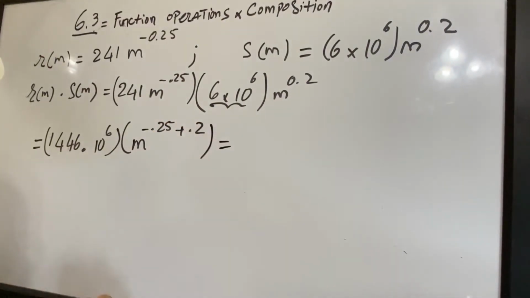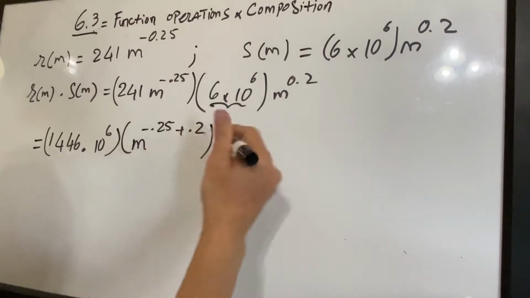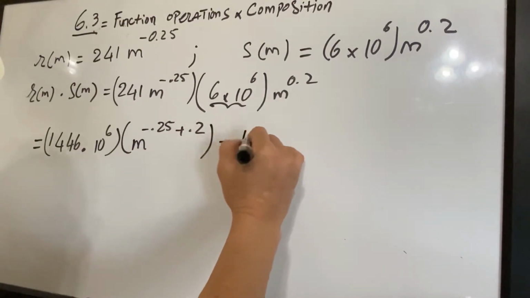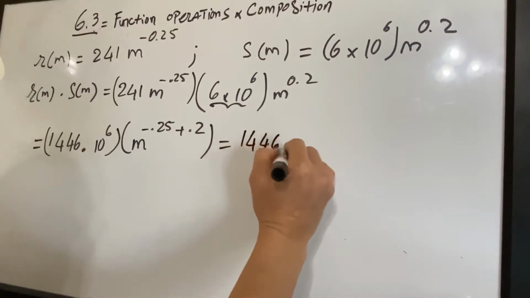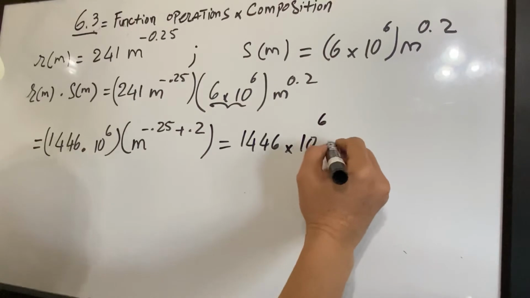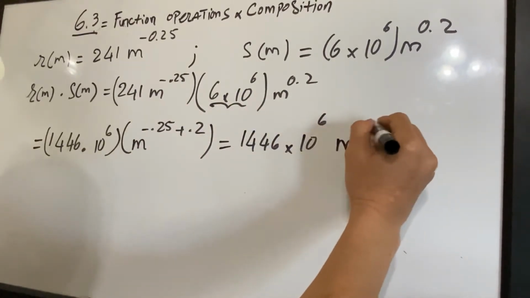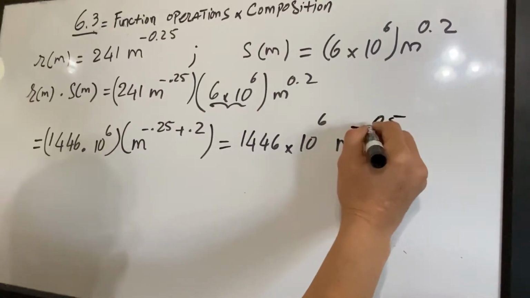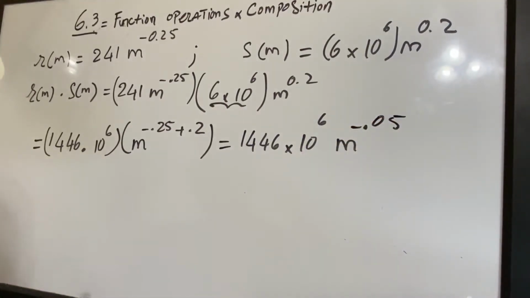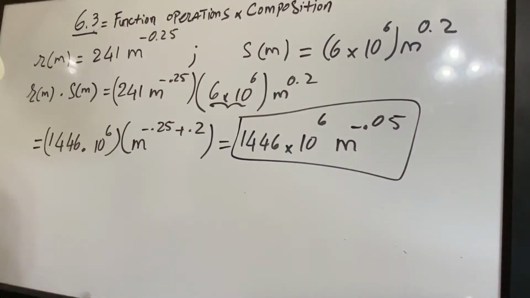So now what do I have here? Multiplying this together, you will see 1,446 times 10 to the 6, and this is m to the negative 0.05. Now, ladies and gentlemen, this is written in scientific notation.